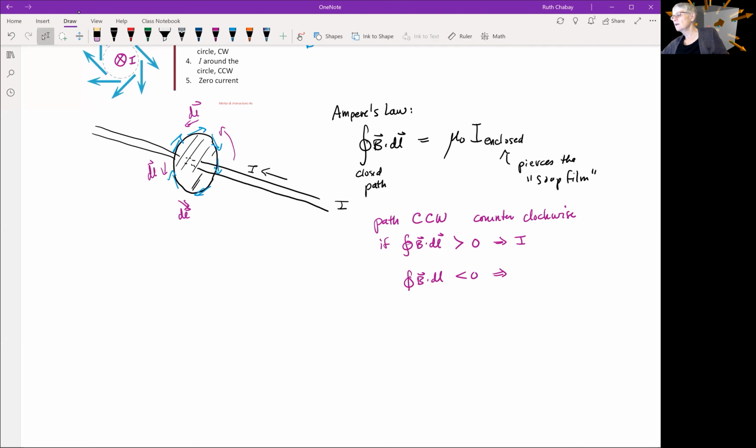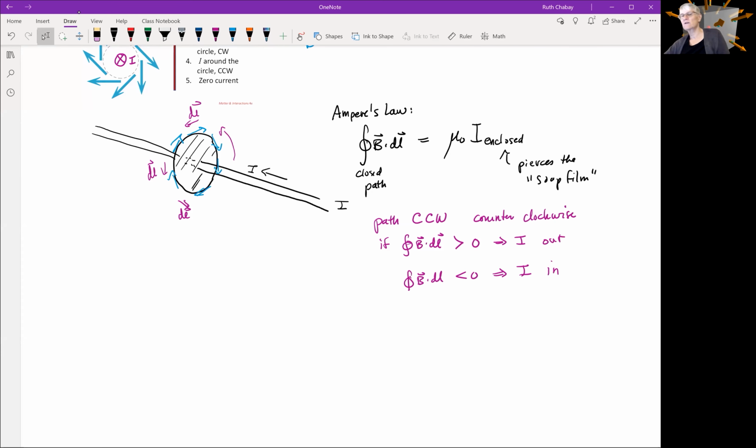So that means we're going to get a negative I, and that means that I is going into the circle. If we got a positive value, it would mean I is coming out of the circle.